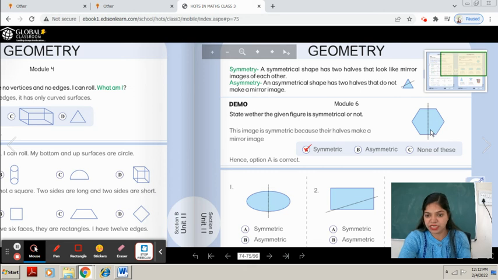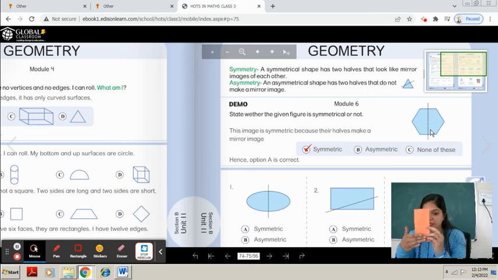Mirror image means if you take one half, for example, you have this cutout, and if you put the mirror against this line, you will get the complete picture of this figure.